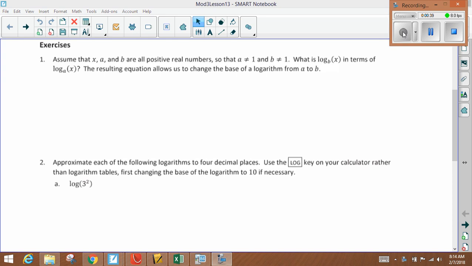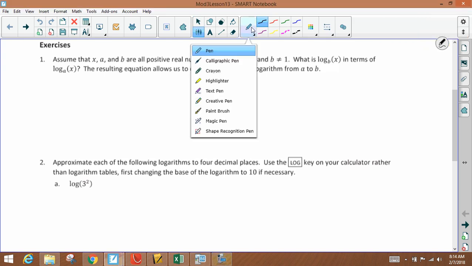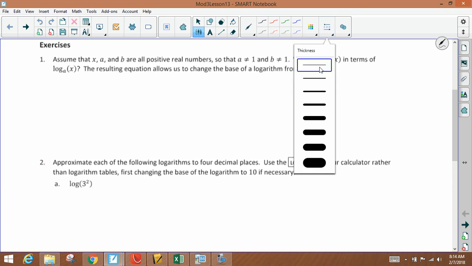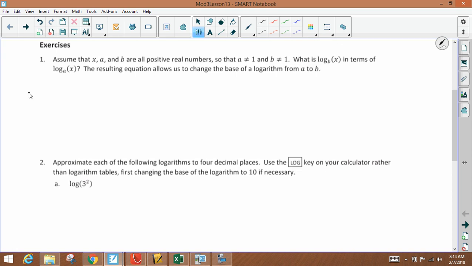First thing I'm going to do is derive that equation right now. This is going to be weird, but it's good to see. The idea here is I'm going to take something in log base b, and I am going to express it in log base a.